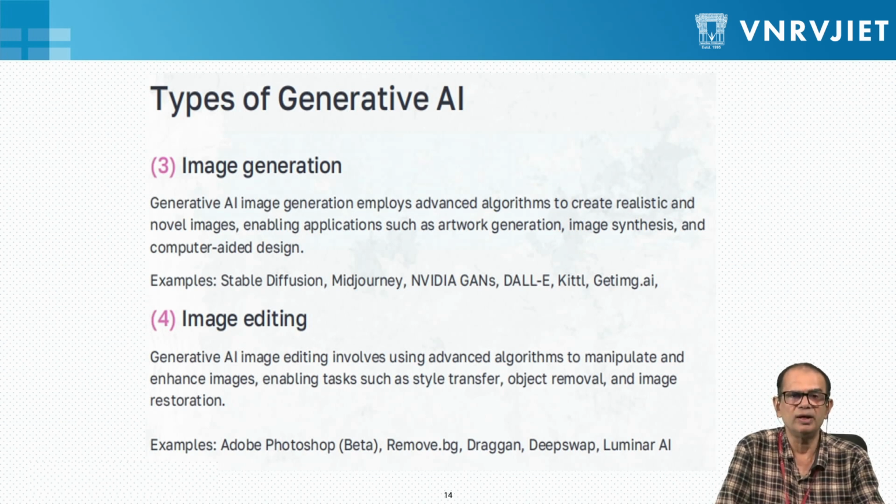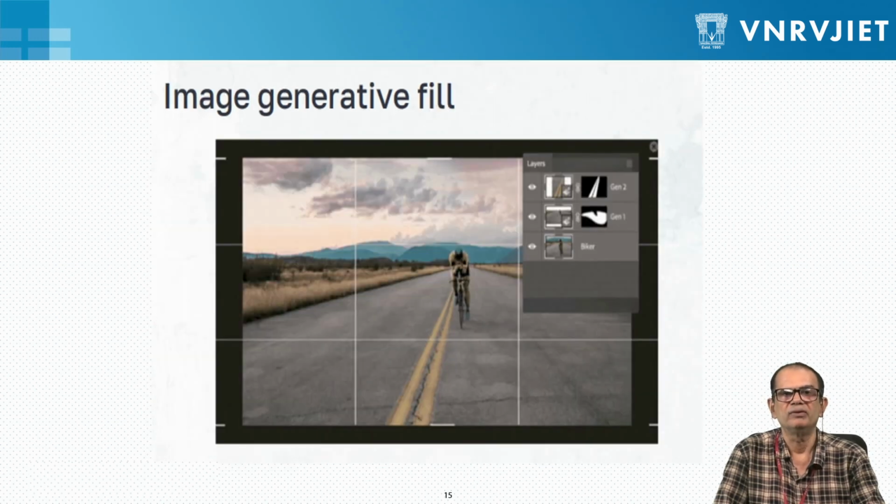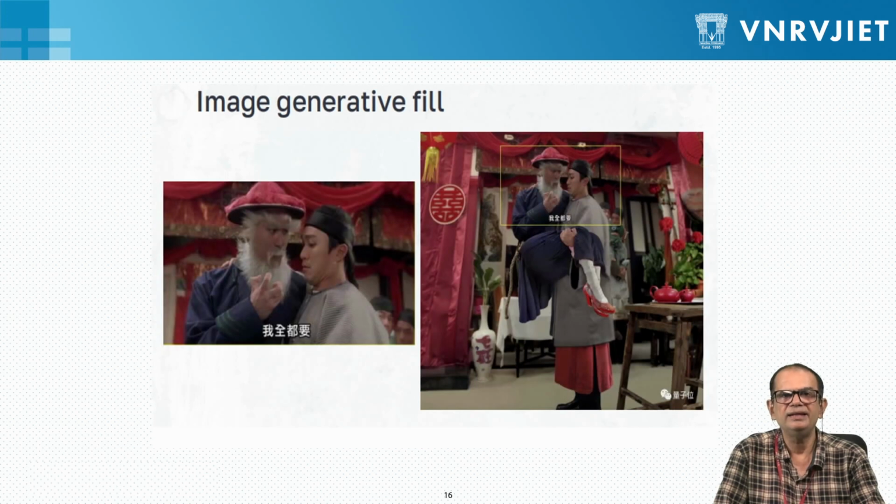And image editing: we can definitely do image editing of the images that are generated. Okay, now just have a look at this, in which we do the image generative fill. So we have done the filling of the image, and here also, as you can see, we have done the filling.